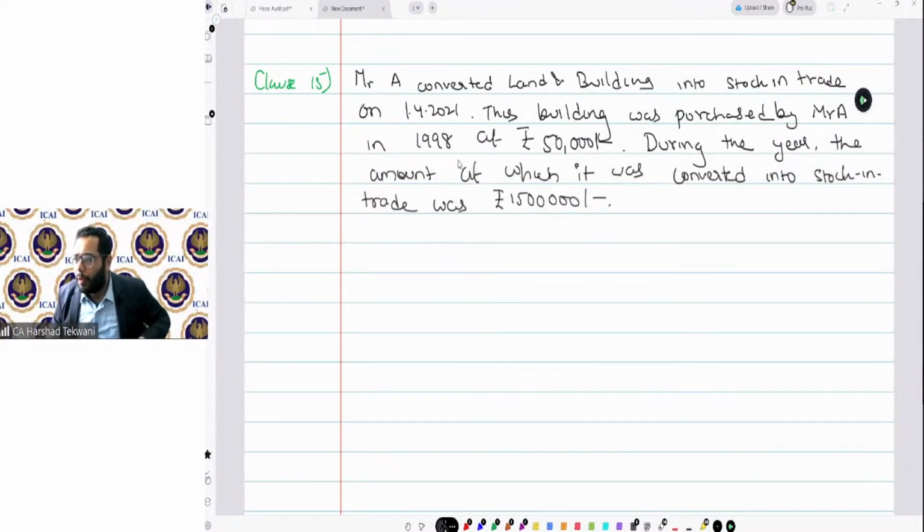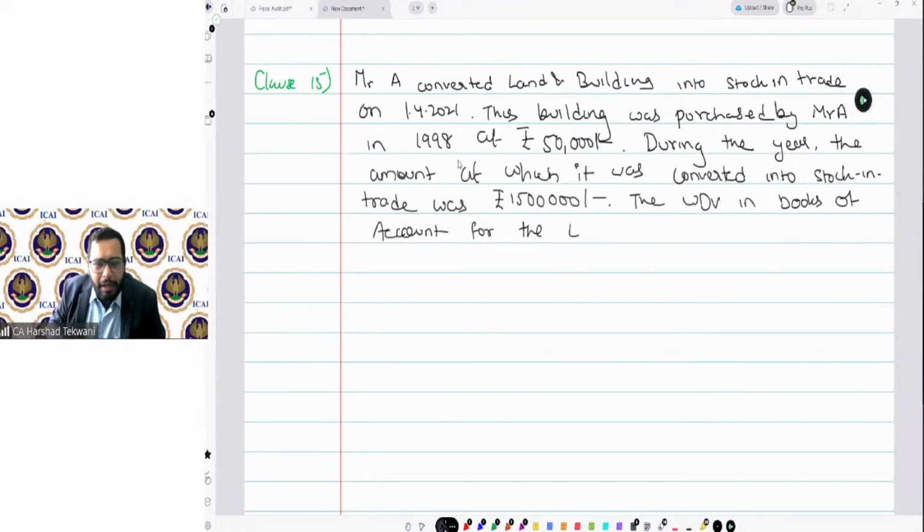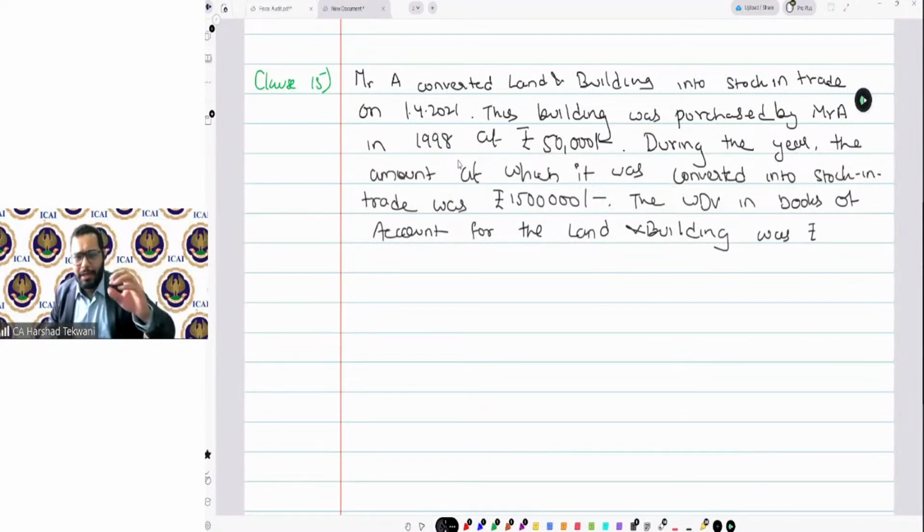Now, the WDV in the books of account for the land and building was rupees, let's say you have identifiable separate blocks and everything is there, 35,000 after depreciation.